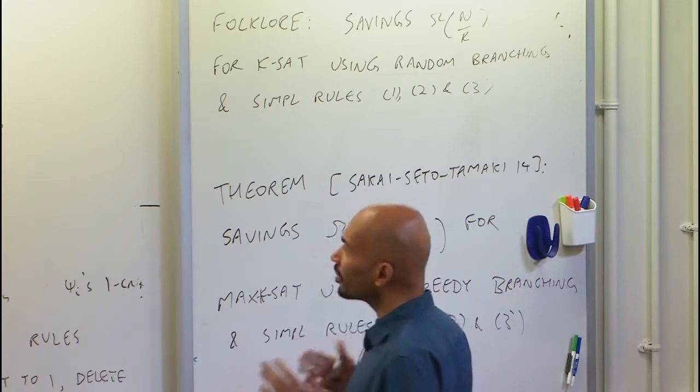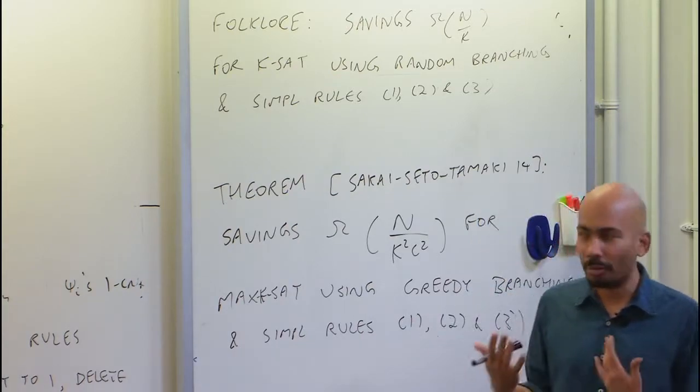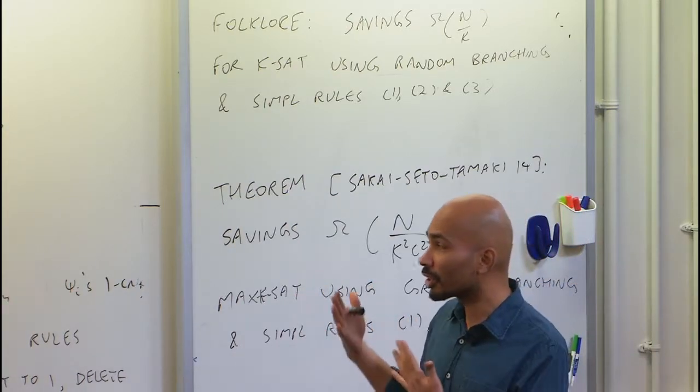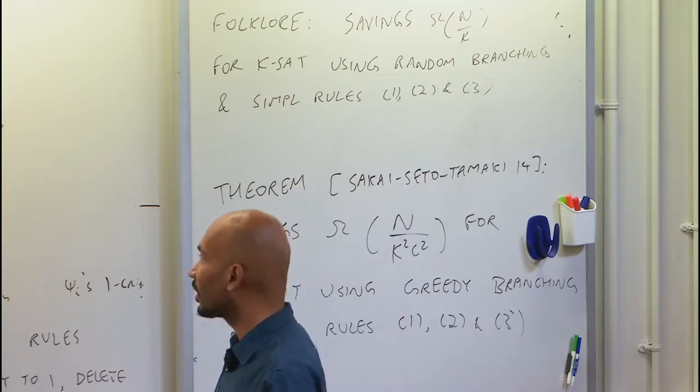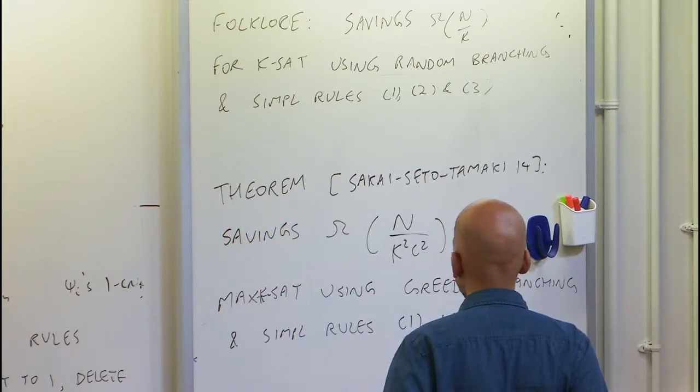So let me give some idea now of the analysis and of the main lemma. There's a global analysis which I perform on the recursion tree in order to bound the number of leaves in it. So let me just give you an idea of how that works.